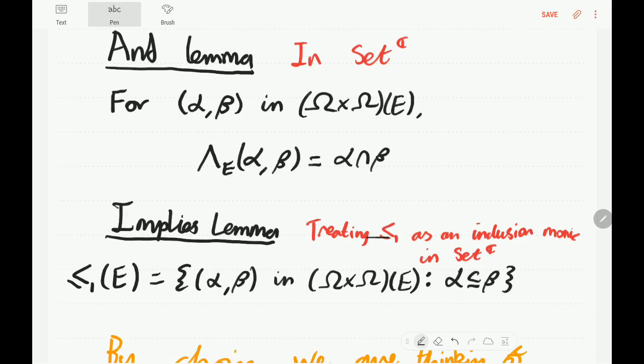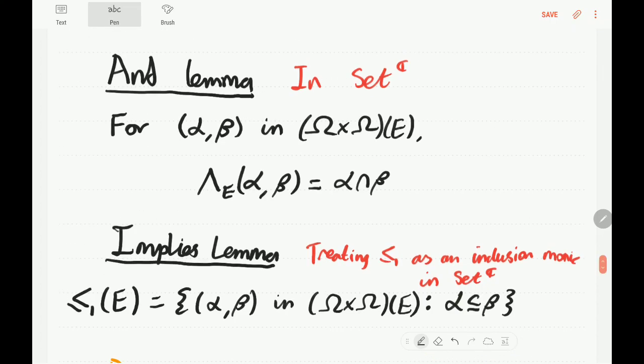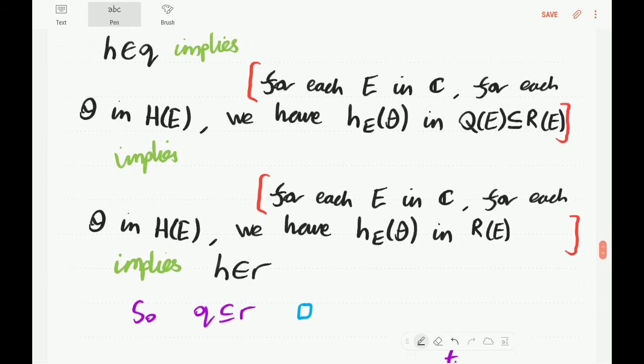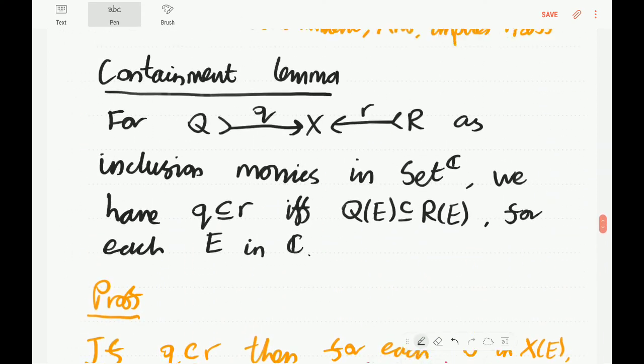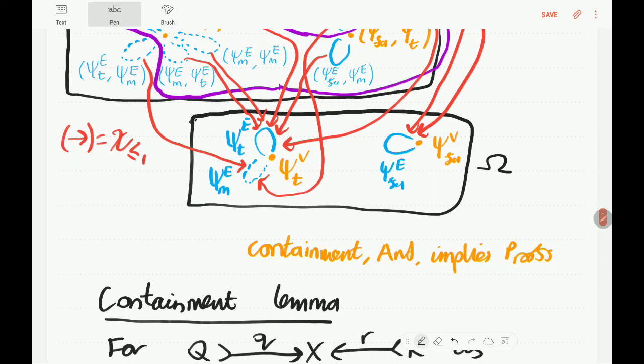So we've already discussed this less than or equal to subobject of omega times omega. And if we want to think of it as an inclusion monic, then what are the E-type elements? Well, there'll be the set of pairs alpha comma beta such that alpha is contained in beta. All right, so these are pretty interesting results, and you can find the proofs to them in this attached video, containment and implies proofs.